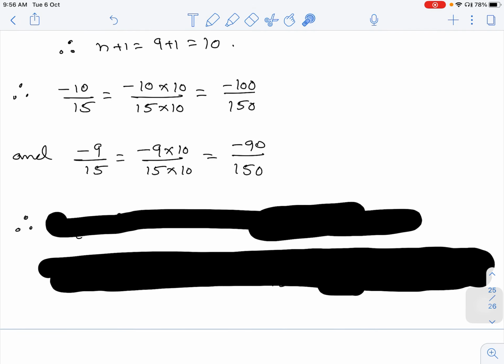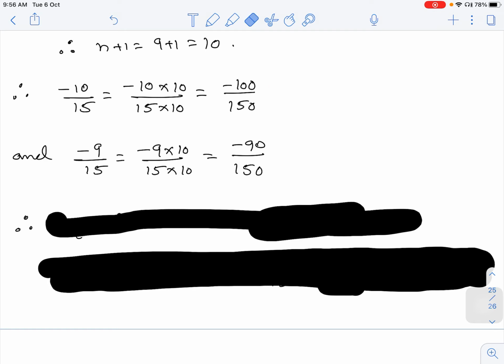Now it can be seen that both the numbers have the same denominator, so we can easily find numbers between minus 100 and minus 90. Which are the numbers between them?